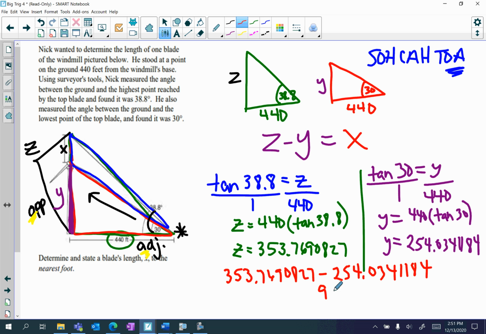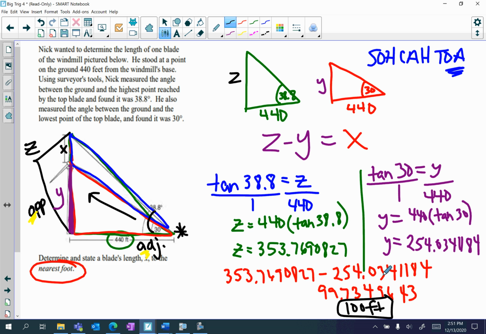And I end up getting 99.734963. And we want to round to the nearest foot. 99.7 is going to give us 100 feet.